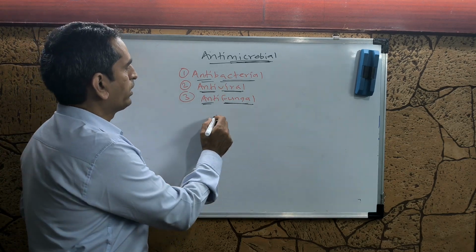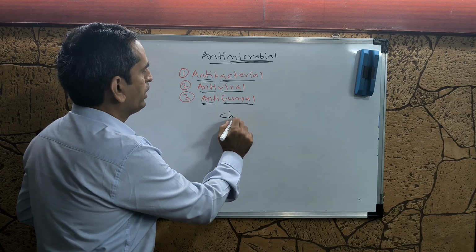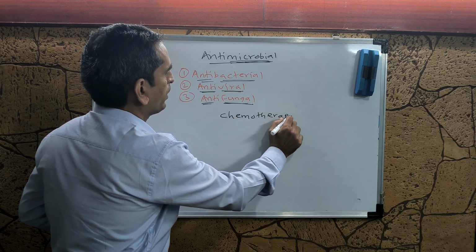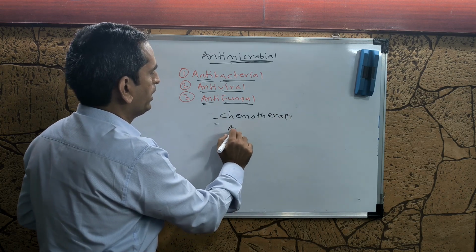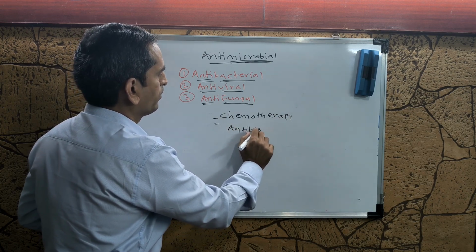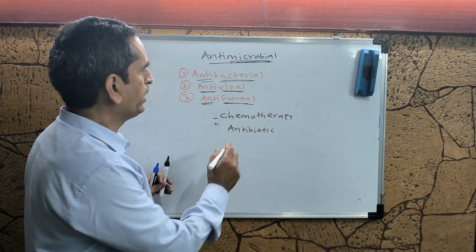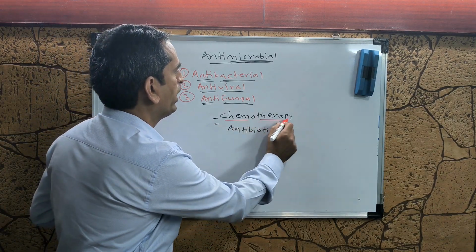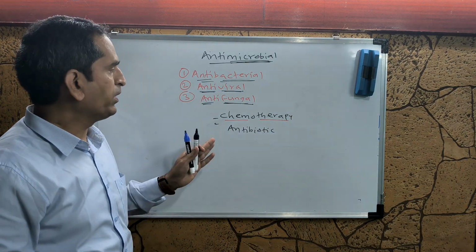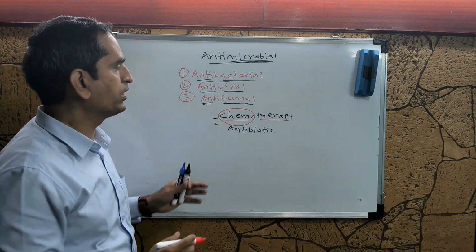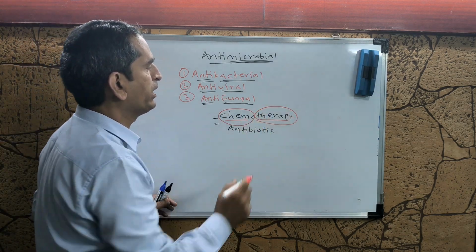Now a few more terminologies. One terminology is called chemotherapy, and the other term is antibiotic. Chemotherapy, if you split this word into two, one is chemo and second is therapy. So that means use of chemical drugs or chemical agents for the treatment. Therapy is treatment.